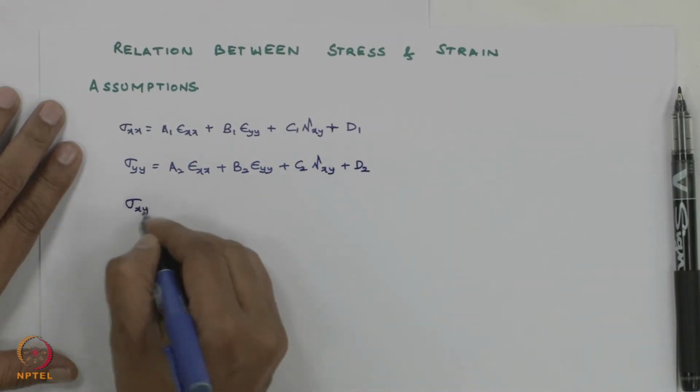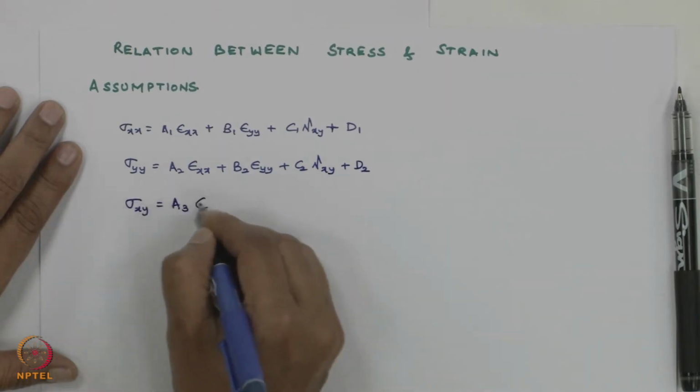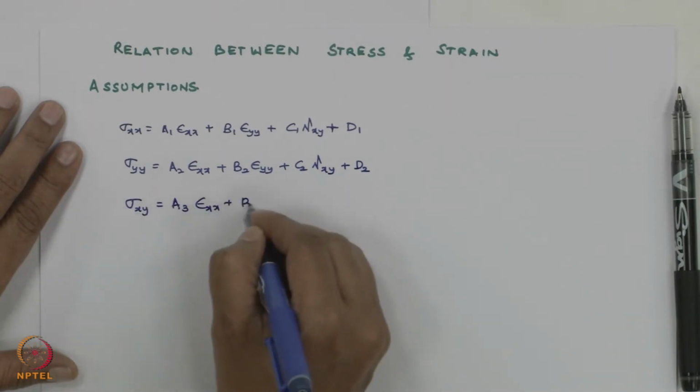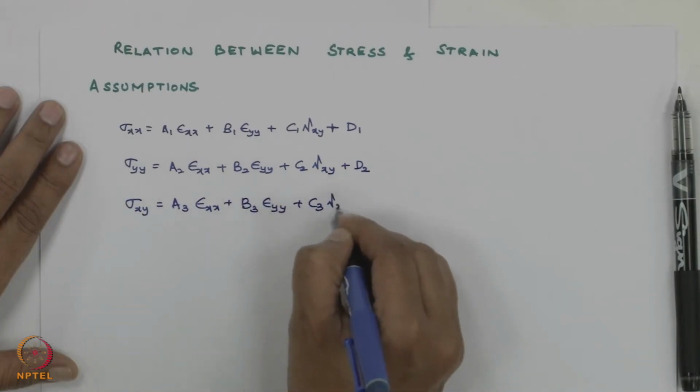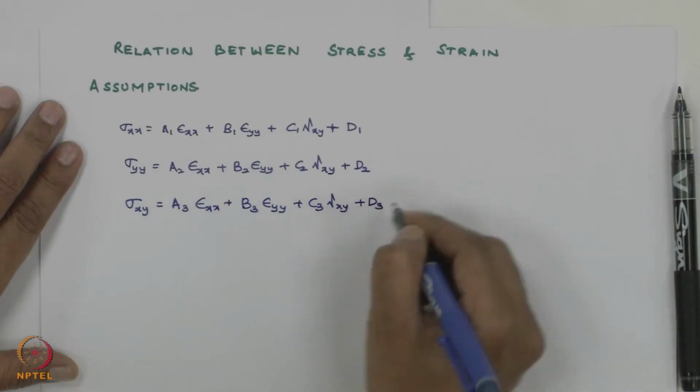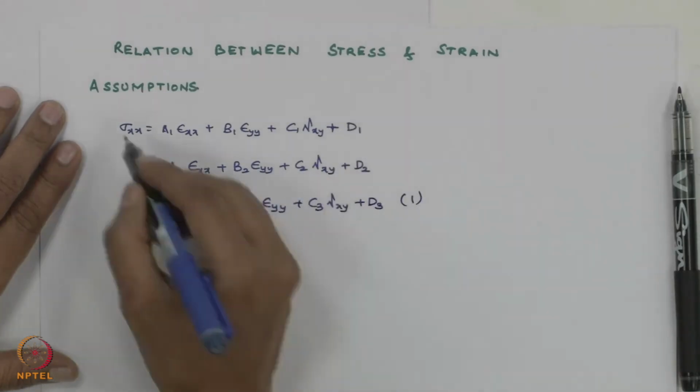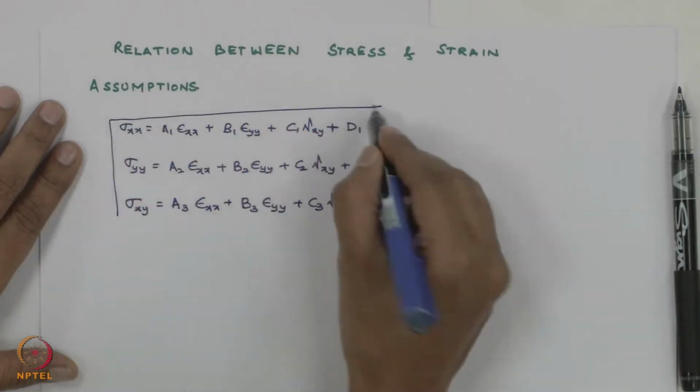Sigma xy is equal to A3 epsilon xx plus B3 epsilon yy plus C3 gamma xy plus D3. Whole of this, we are calling equation 1.